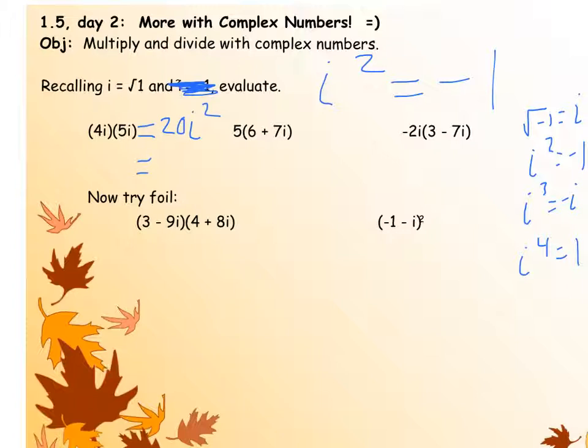But I'm not going to leave my answer like that because I could rewrite that as 20 times -1, which is actually -20. So that's an interesting little example where we see that the product of two imaginary numbers, in that case, ends up being a real number.